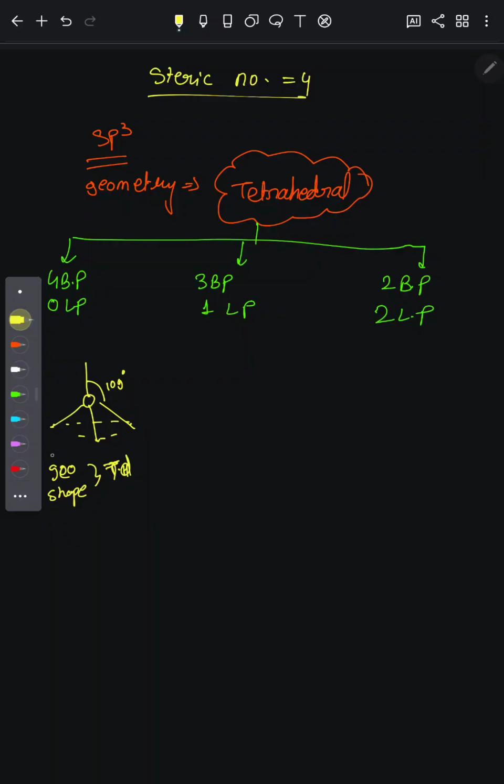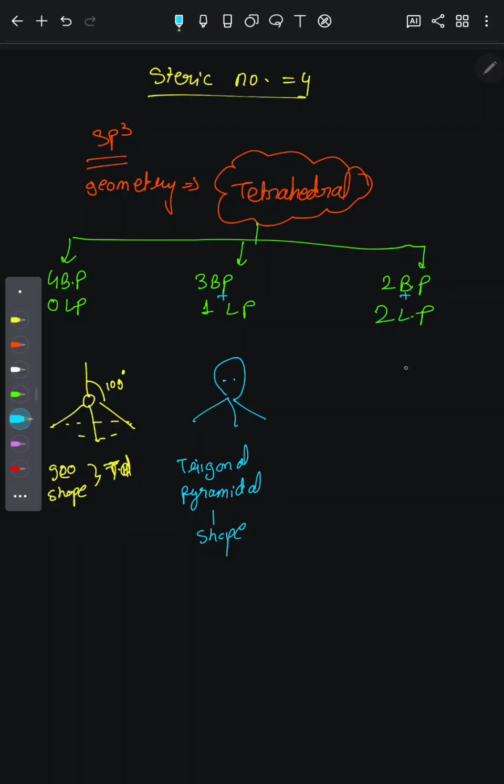And now let's talk about the 3 bond pair and 1 lone pair condition. When 3 bond pairs and 1 lone pair are present, we will get a trigonal pyramidal structure, trigonal pyramidal shape.